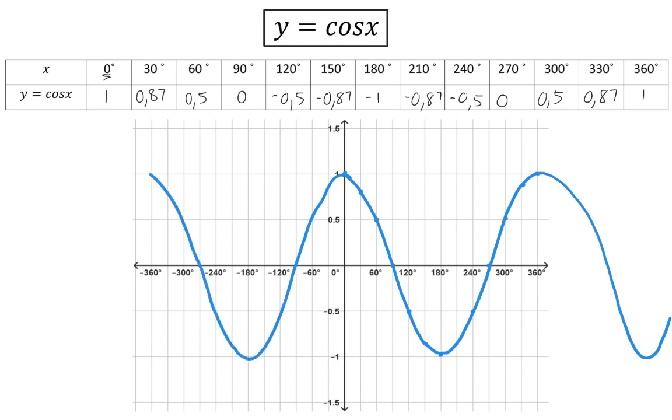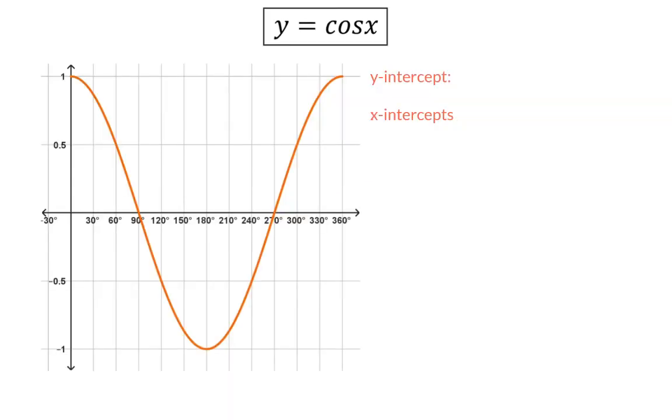And again, just like with the sin graph, the cos graph has specific coordinates that are important. Firstly, the y-intercept of our mother graph for cos x is at 1, so the coordinate is 0, 1. The x-intercepts are at 90 and 270 degrees.